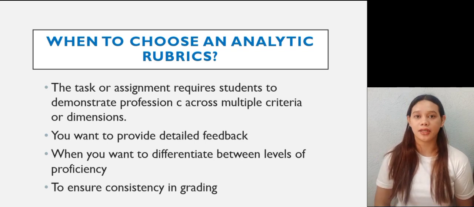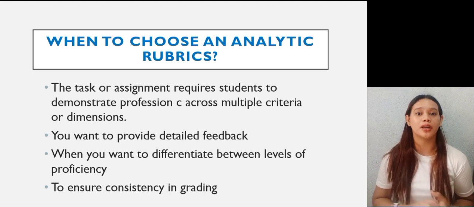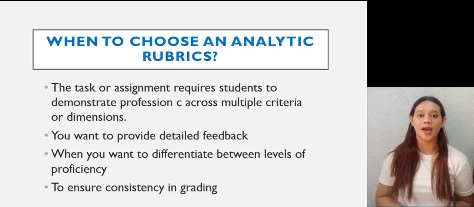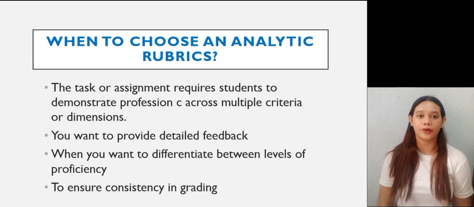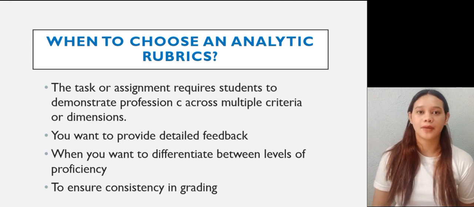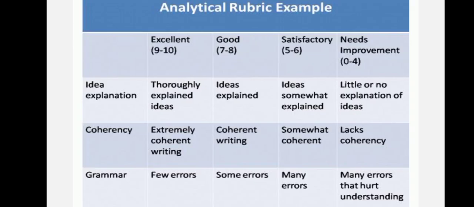So overall, analytic rubrics can be particularly useful when assessing complex or multi-dimensional tasks, or when you want to provide detailed feedback and ensure consistency in grading. So that is when we need to use an analytic rubric. So this is an example of an analytic rubric.